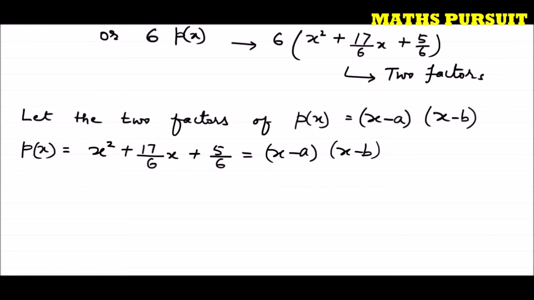I'm moving step by step so that you can understand. So px is equal to x to the power 2 plus 17 upon 6x plus 5 upon 6 is equal to, let us solve this one.